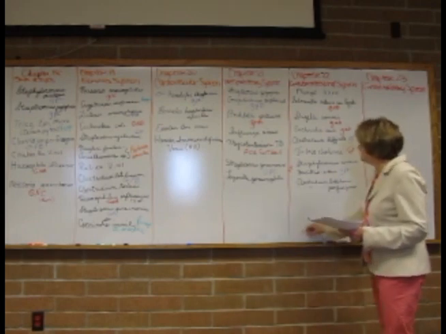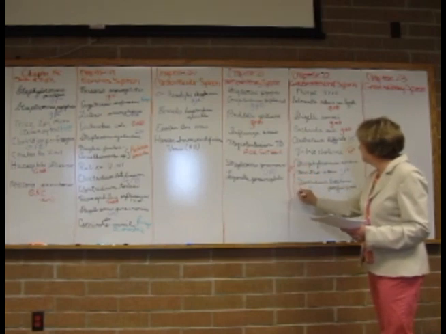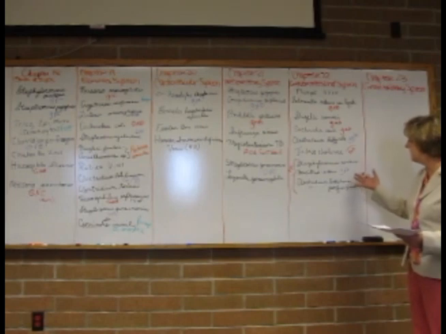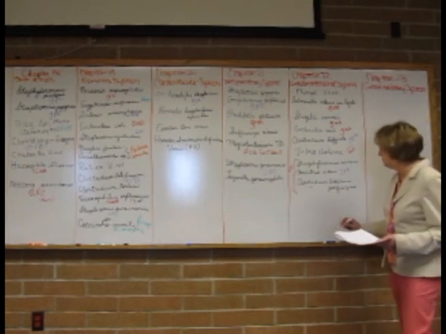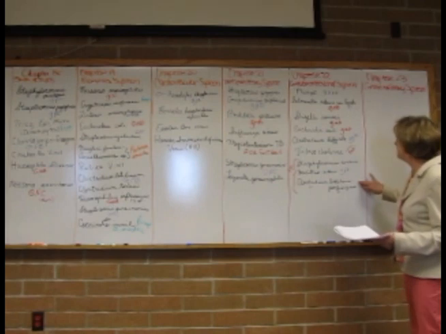Now, perfringens is a little different from botulinum, it's not as serious as botulinum is, but they both can cause food poisoning. And we know that they're anaerobic gram-positive bacilli.